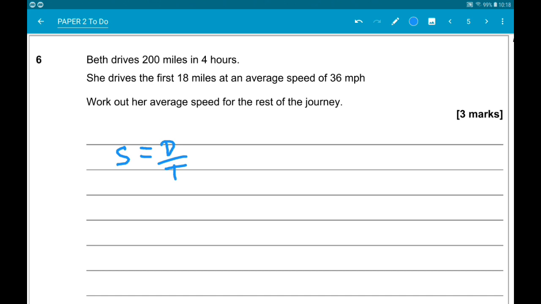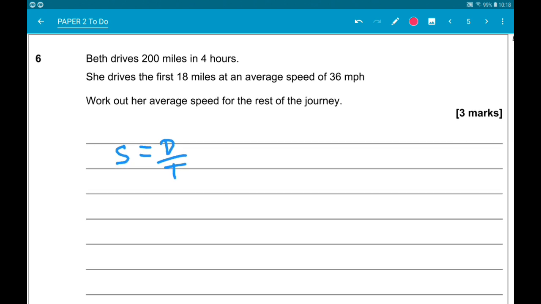So for the first part, well, we know that her distance is 18 and her speed was 36. Now we can rearrange the formula.